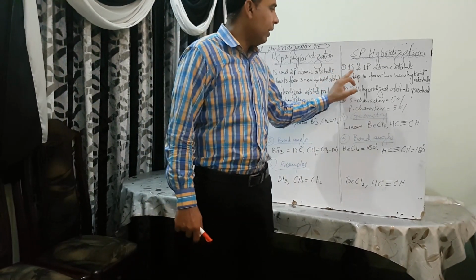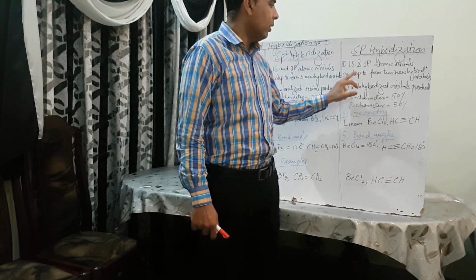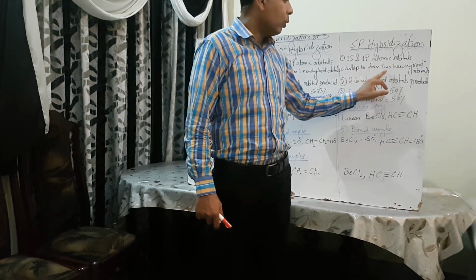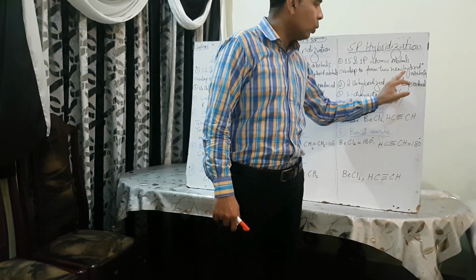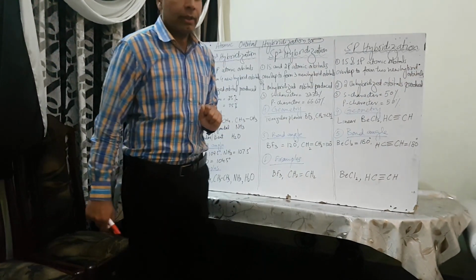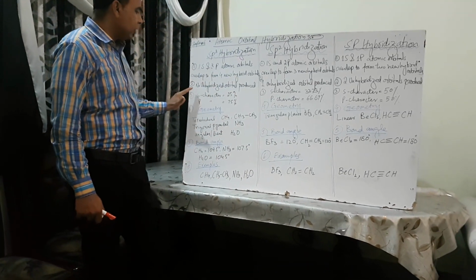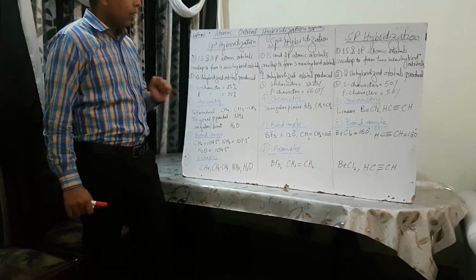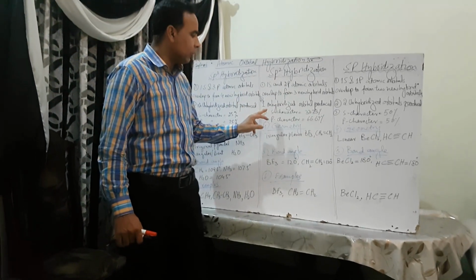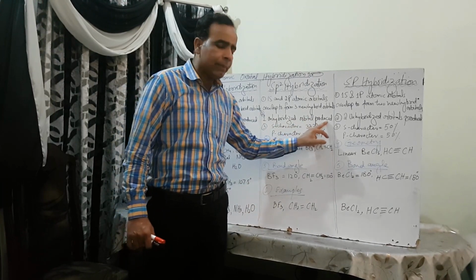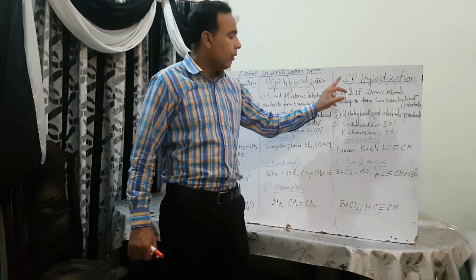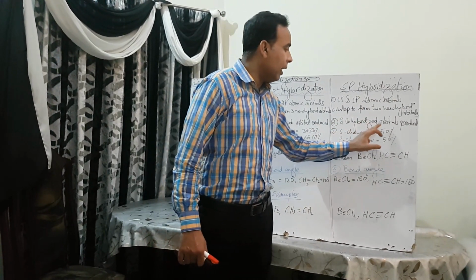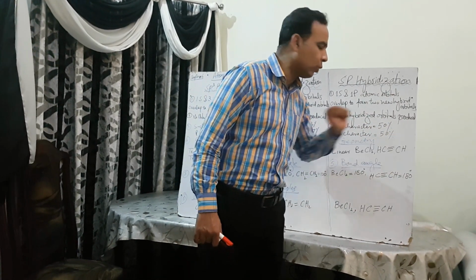In sp hybridization, 1s and 1p atomic orbitals overlap to form 2 new hybrid orbitals. In sp3 hybridization, no unhybridized orbital is produced, while in sp2 hybridization, 1 unhybridized orbital is produced, and in sp hybridization, 2 unhybridized orbitals are produced.